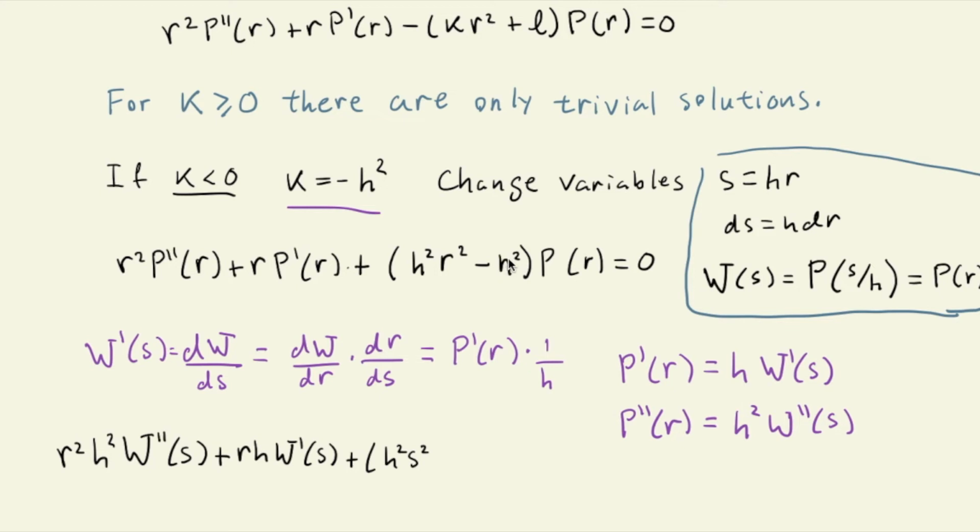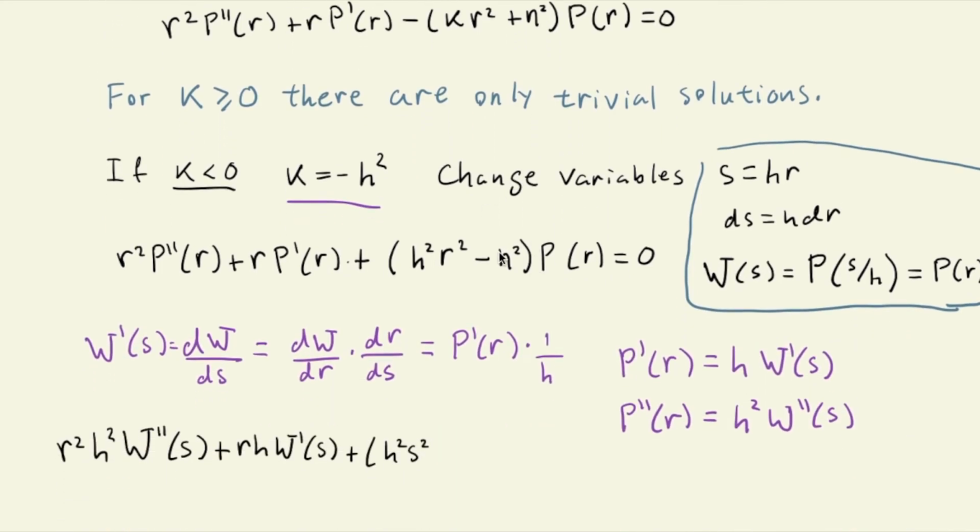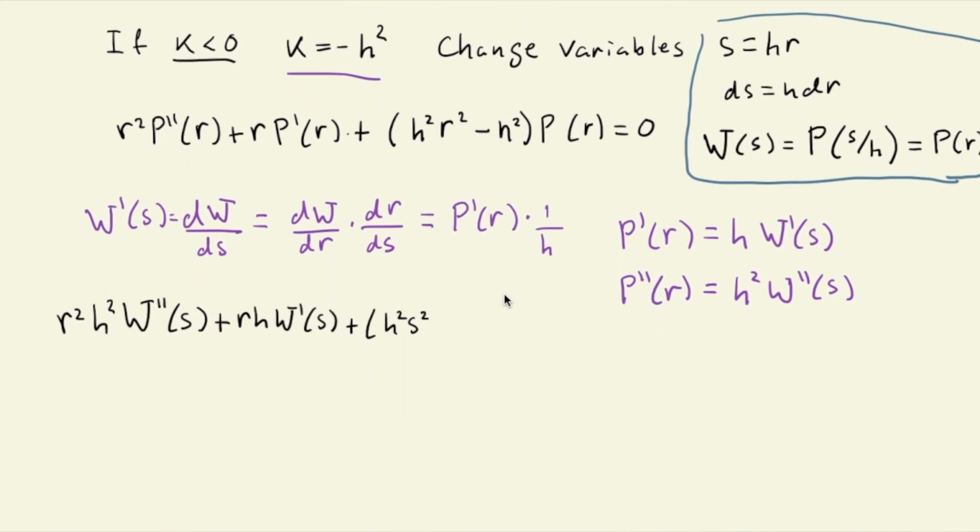I'm sorry, there's a lot going on, so I start losing track. L equals n squared, so I should have written it here. Alright, I'm really sorry. I hope it wasn't too confusing. But L is equal to n squared, so this L turns into n squared. The n squared now is here.